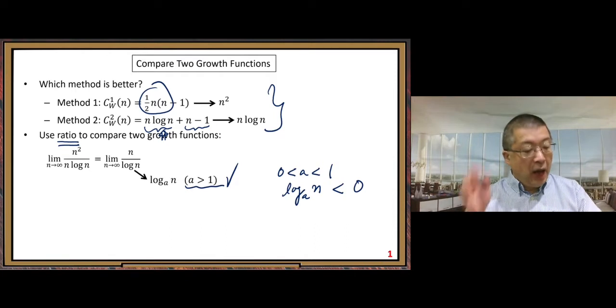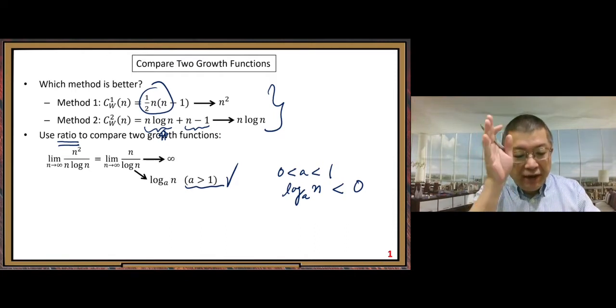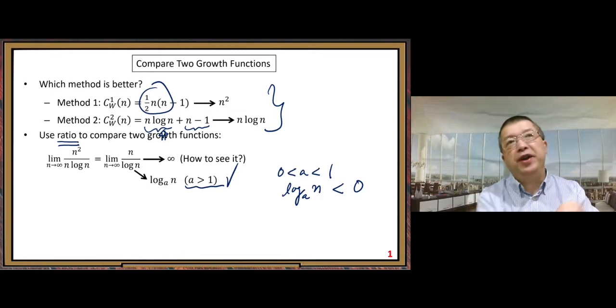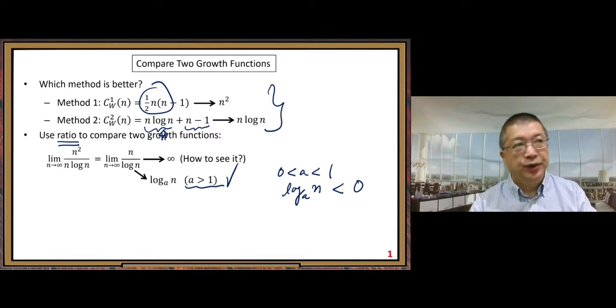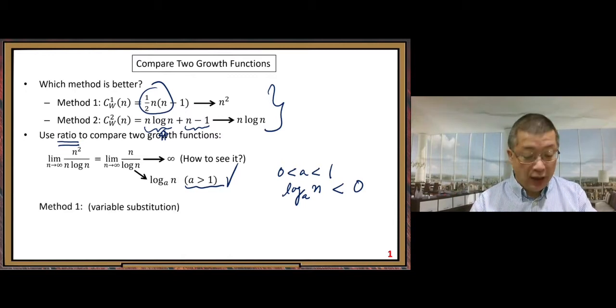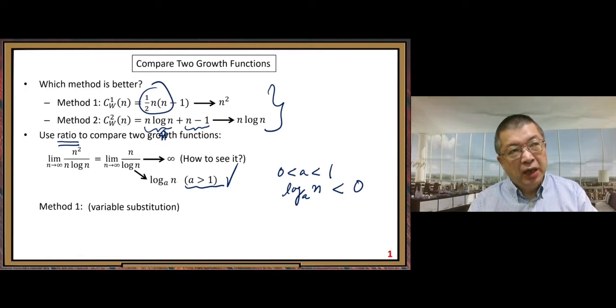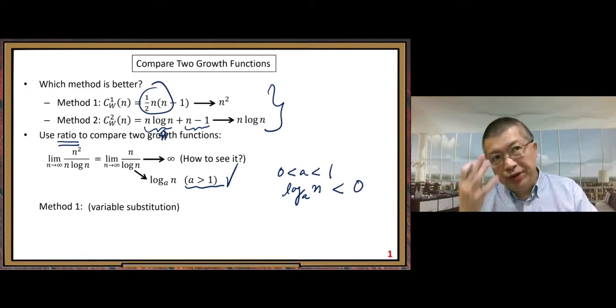Then, how to see this limit equals infinity? Here, I try to use two different methods, two different ways we can see the answer. The first one, we do variable substitution. Because we are not quite familiar with the log function, we want to do some substitution.